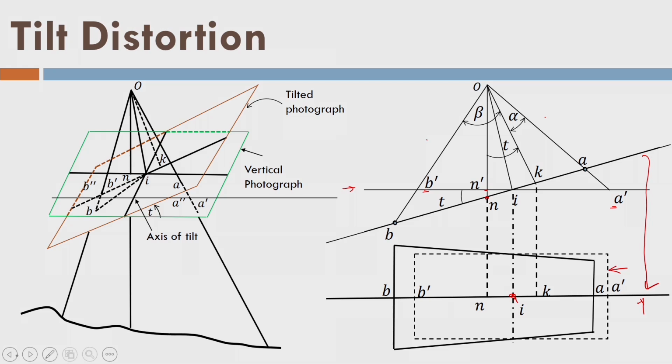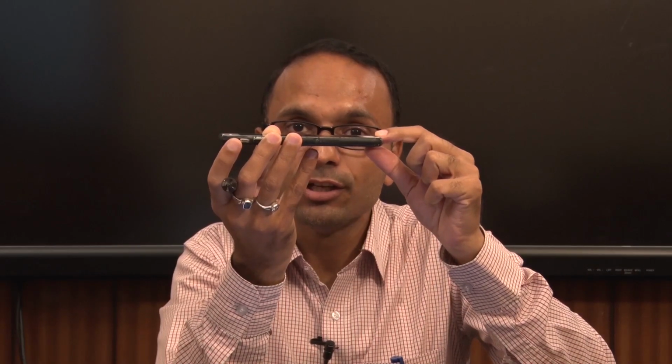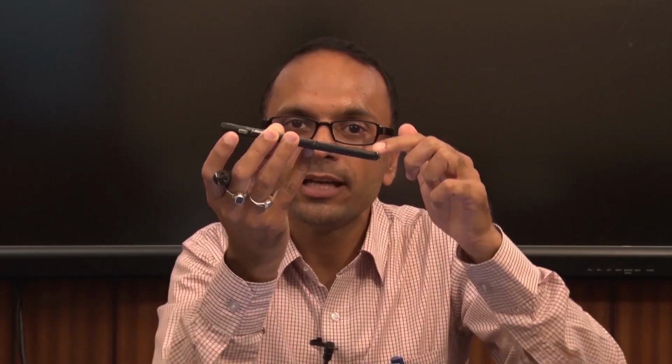So, I want to tilt the tilted photograph such that it will match with the vertical photograph and that will give an idea that if this is point A and it is going to make point A double dash, I already know what point A dash is. So, this point is going to make A double dash. So, this will be the distortion in point A. Similarly, I can find out the distortion in point B also on the image.